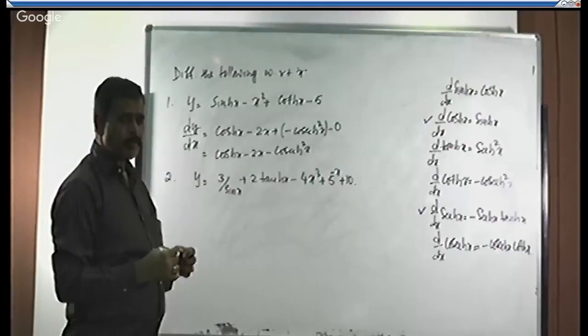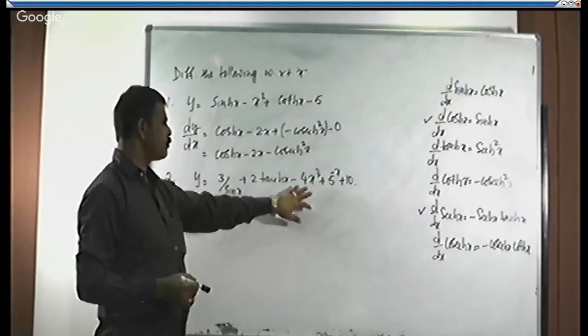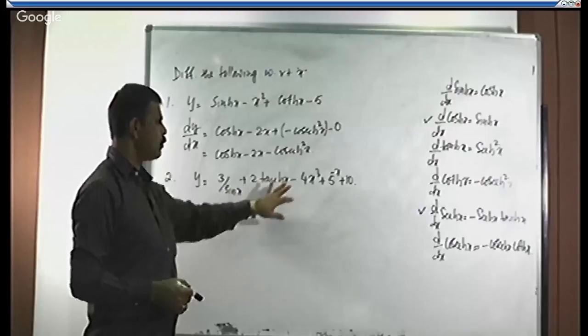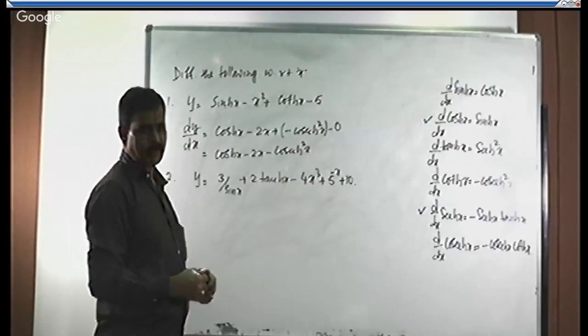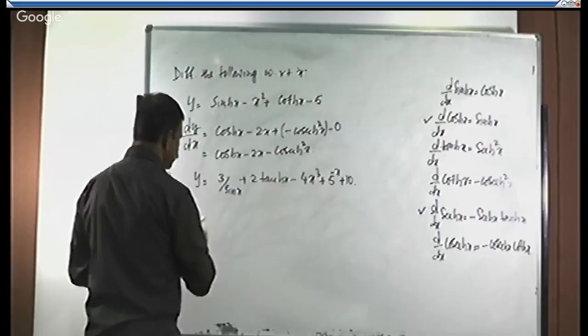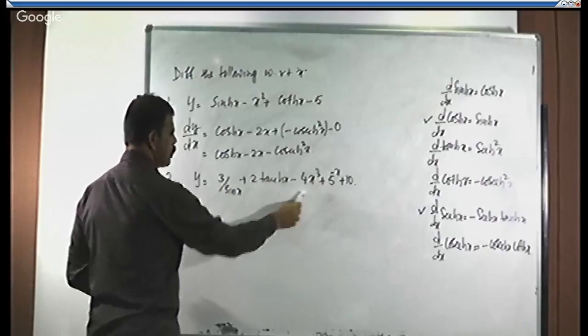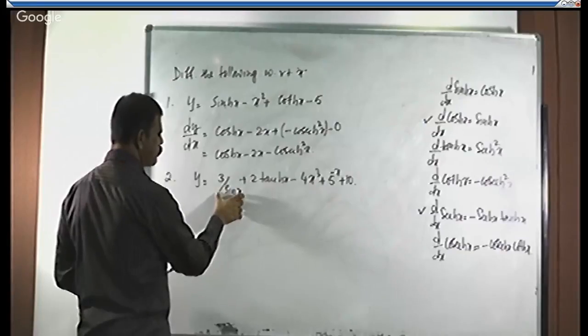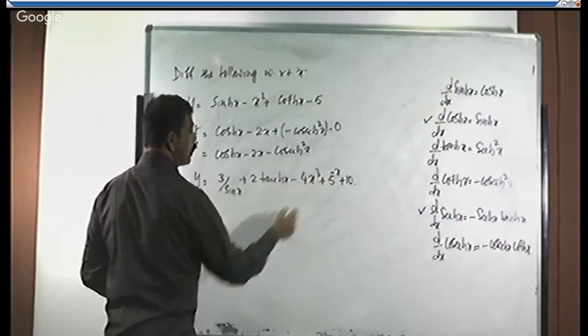It is a combination of ordinary terms as well as hyperbolic terms, trigonometric and algebraic. What is differentiation of 3 by sin x? See, it is appearing as a sum or difference of 5 functions.